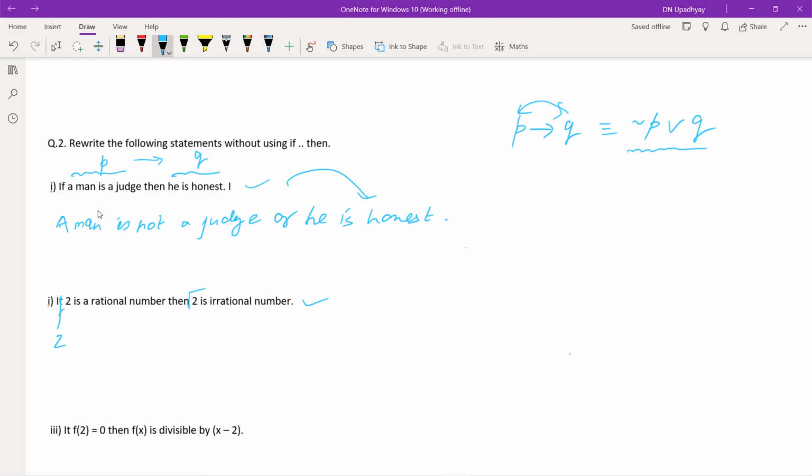So how to write? 2 is not a rational number, or root 2 is irrational number.